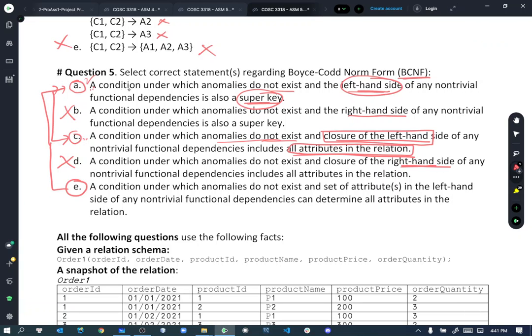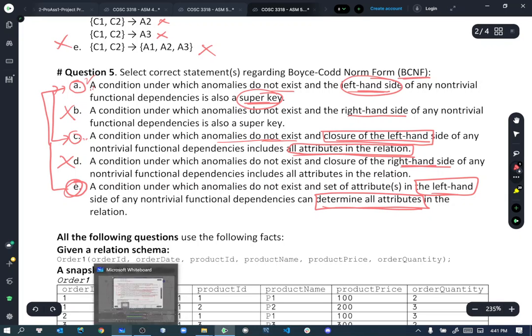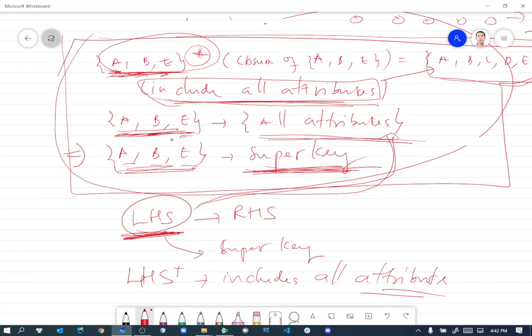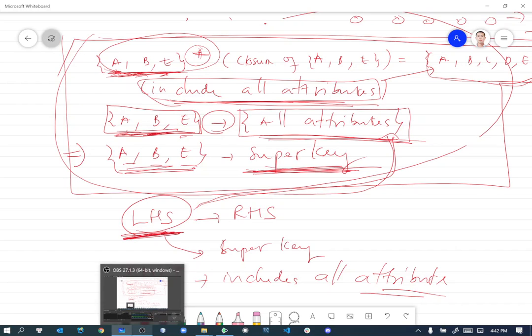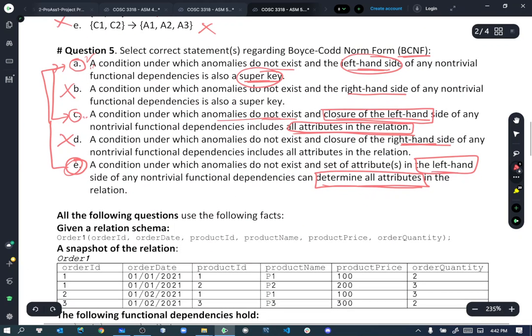This original definition comes straight from the slide, but this one is true because it says that the left-hand side can determine all attributes. So those are three different ways of writing the same thing.